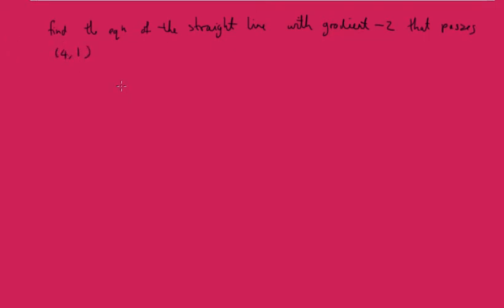So we're going to use our general equation y minus y1 equals m times x minus x1. So we've got y minus, now y1 is 1, equals m, which is -2, and that's x minus x1, which is 4.